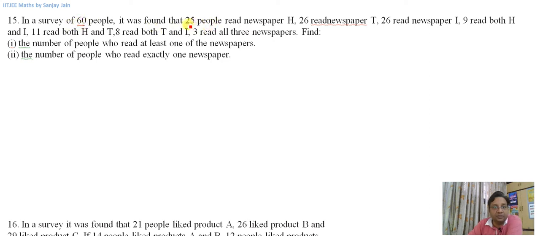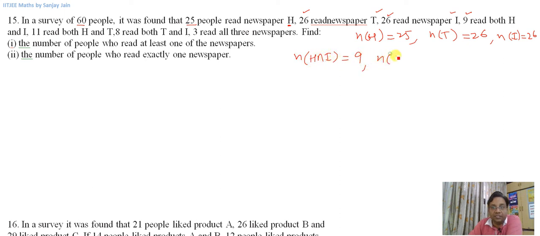It was found that 25 read newspaper H. Newspaper T is read by 26, and 26 read newspaper I. Number of readers of I are also 26. 9 read both H and I. H and I is read by 9.